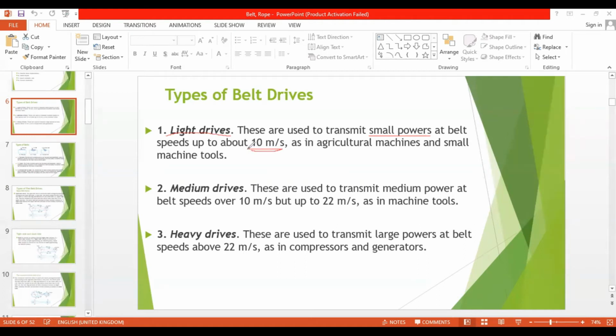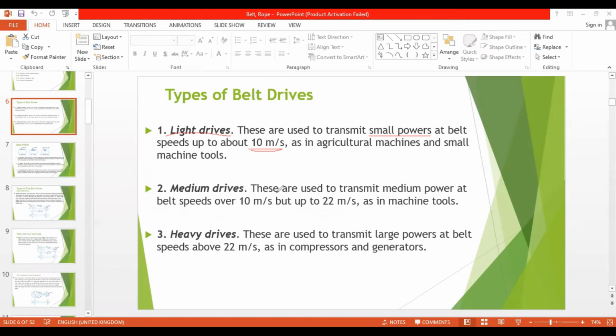Light drives are used in agricultural machines and small machine tools. Agricultural machines mean things like hand tractors, Landmaster, those kinds of machines. The velocity is up to 10 meters per second, so these are called light drives. Then we have medium drives.